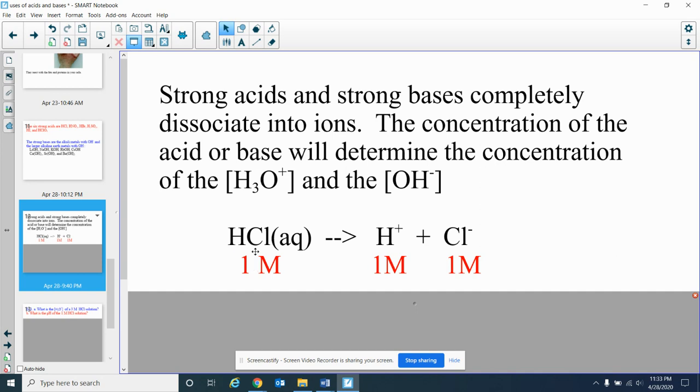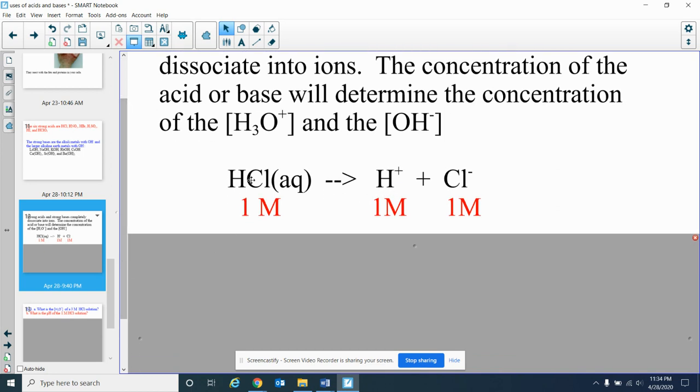HCl, being a strong acid, completely breaks apart. So if the acid is 1 molar, then the H plus or H3O plus concentration is also 1 molar. And so is the Cl minus, but we don't care about that for pH. For pH, we need to know the H plus or H3O plus concentration. This acid has 1 H in it, and that H comes off completely because it's a strong acid. So if this is 1 molar, this is 1 molar.